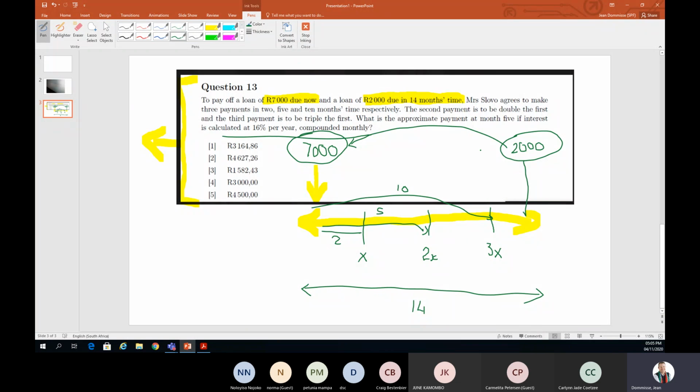It doesn't matter which one we calculate as long as we know whether it's the present value or the future value, because we then use it as x, with your interest rate, plus 2x with your interest rate, plus 3x with your interest rate.